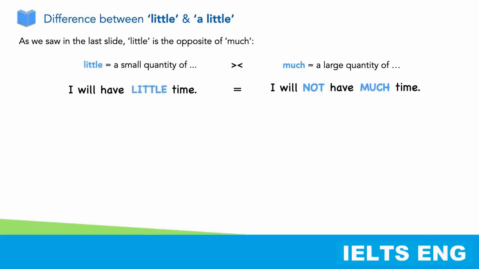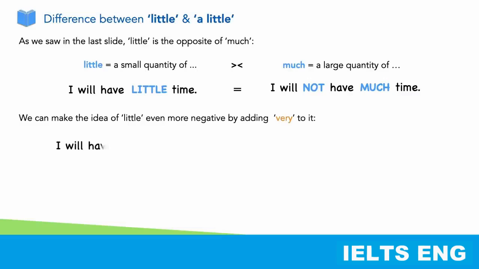Little means not much. Now we can make the idea of little even more negative by adding very to it. So I will have very little time means I will have almost no time. So very little means almost nothing.